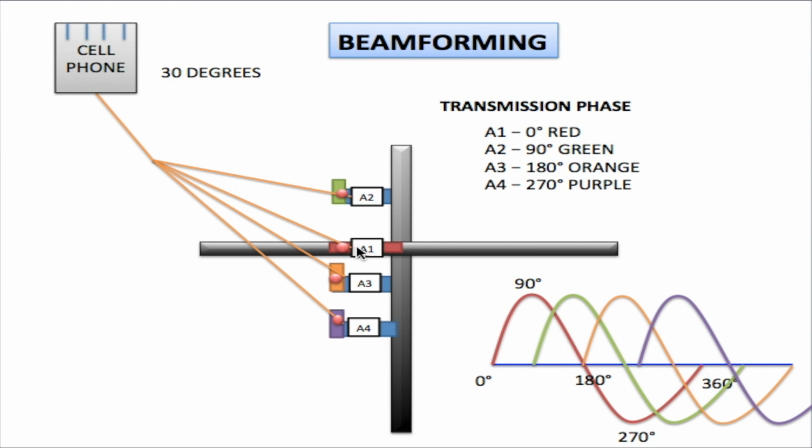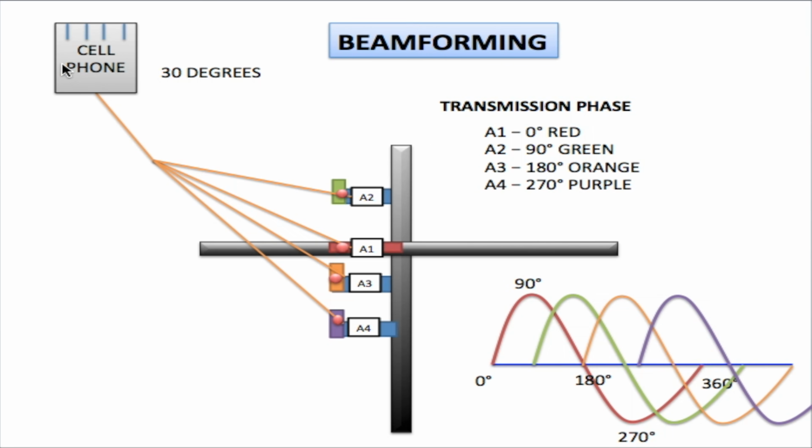You'll also notice that this antenna here is horizontal and everything else is vertical. That's the way it is always going to be. This antenna, the first one, is always mounted horizontally, and this is always 0. It never changes. These other ones will change depending on the position of this phone here.